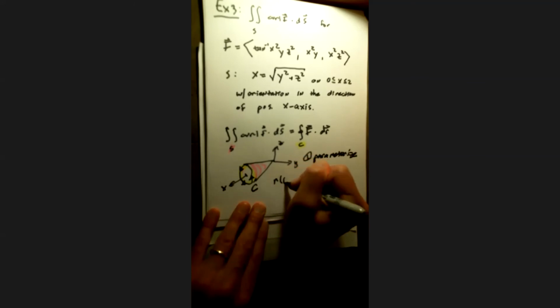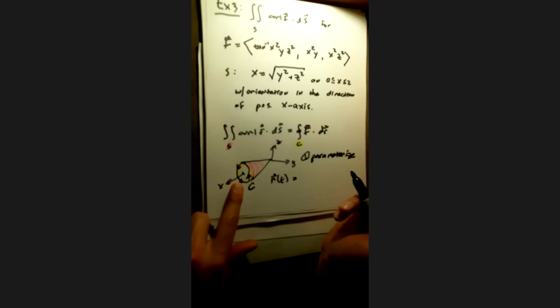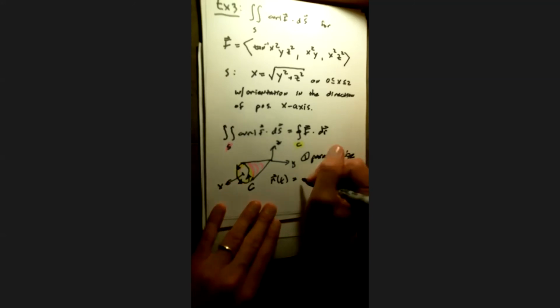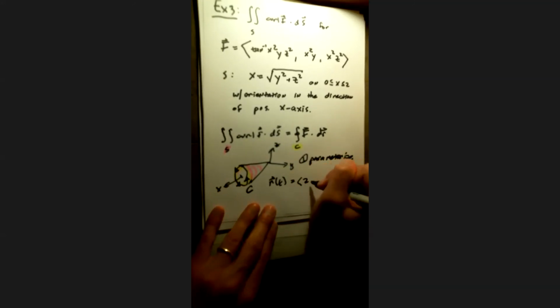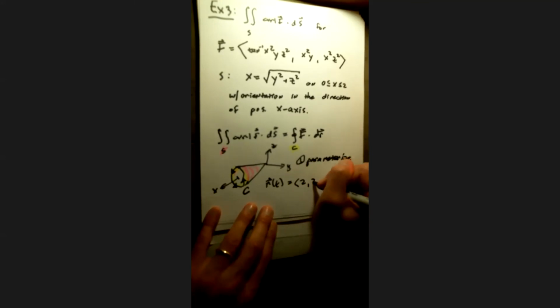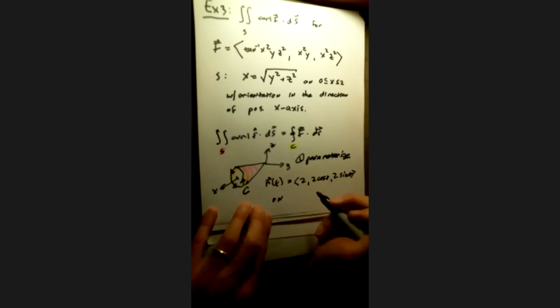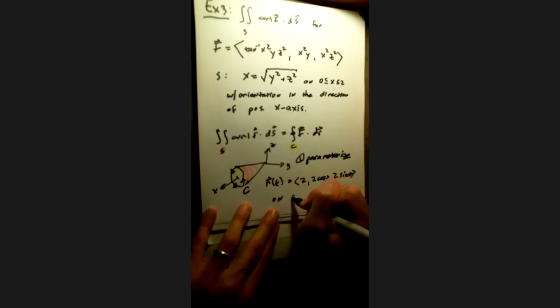So we'll have r of t equals, this is going to be a circle with radius 2. So we're going to have 2, 2 cosine t, 2 sine t, on 0 less than or equal to t less than or equal to 2 pi.